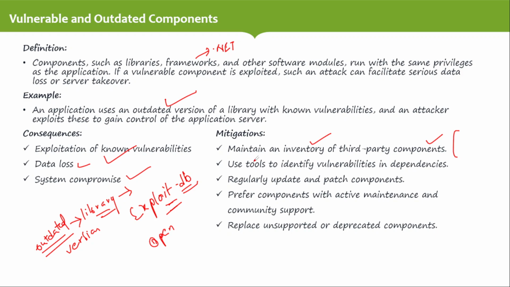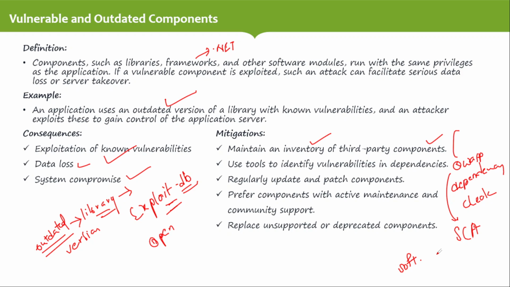Then use tools to identify vulnerabilities in dependencies, like OWASP Dependency Check, a tool that is used to find vulnerable third party components. We also have some other tools, known as software composition analysis tools.